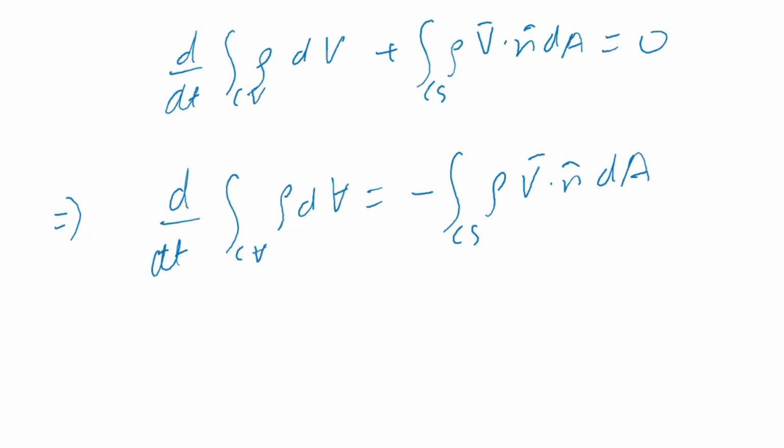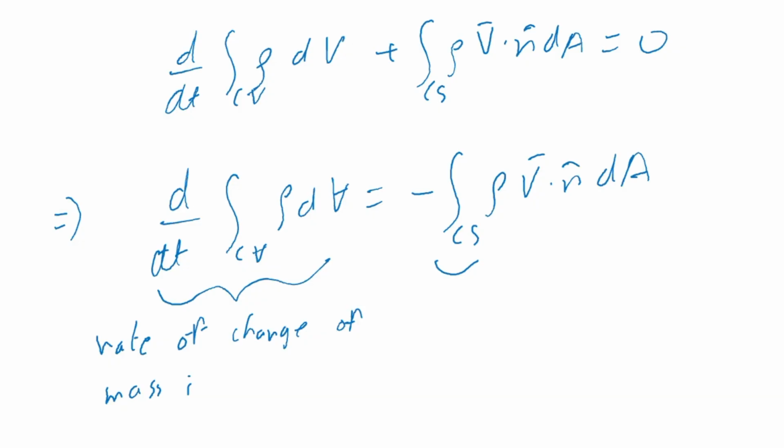okay, so essentially what it's saying is the rate at which the mass changes inside the control volume is equal to, what does this represent?